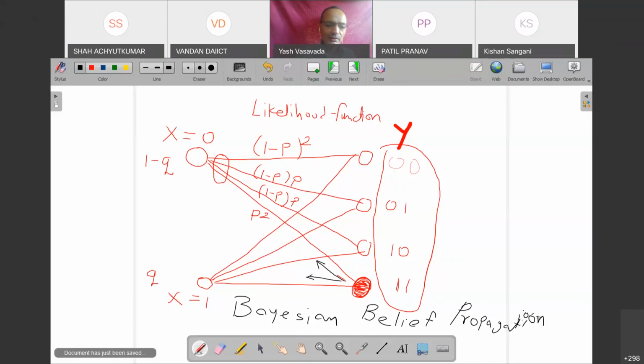You form one belief using one measurement, and then you take that belief and update it when you get the second measurement. So you are sequentially propagating your belief. This scheme of belief propagation, BP in short, is an extremely crucial technique, both in machine learning as well as in communication systems. So, excellent point. Good point.